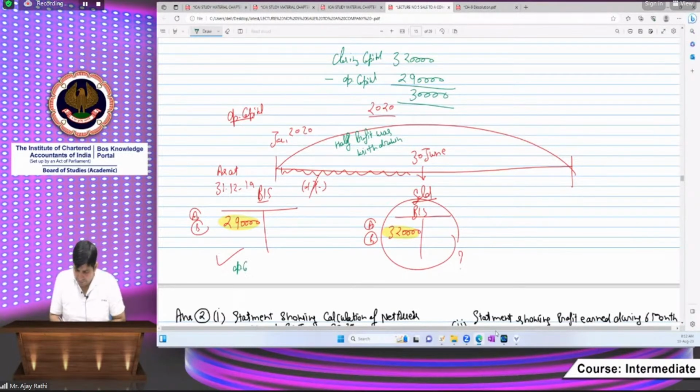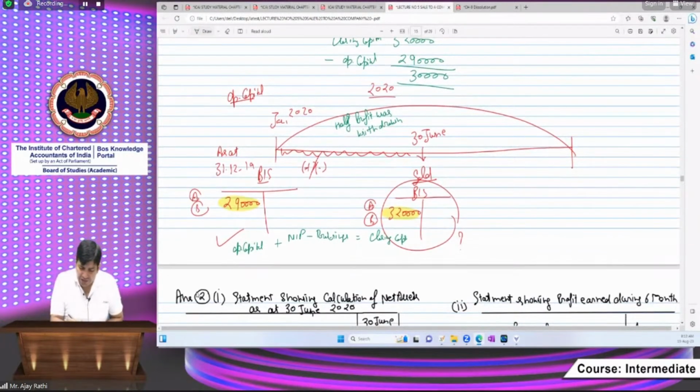Opening capital. What do you do to calculate closing capital? Opening capital plus net profit minus drawings is equal to closing capital. Very, very easy. Can I solve this in this way?